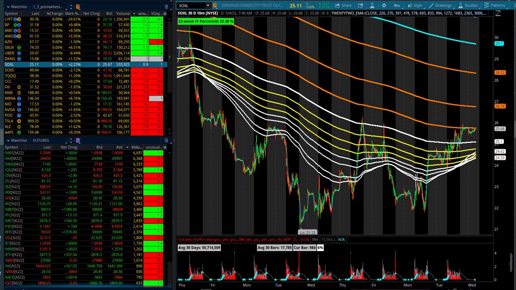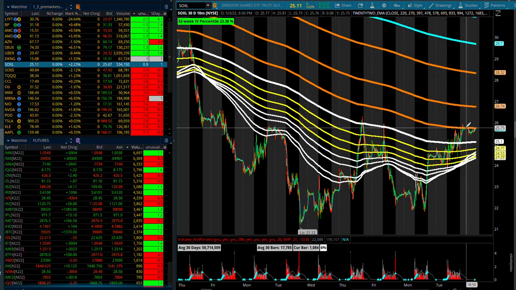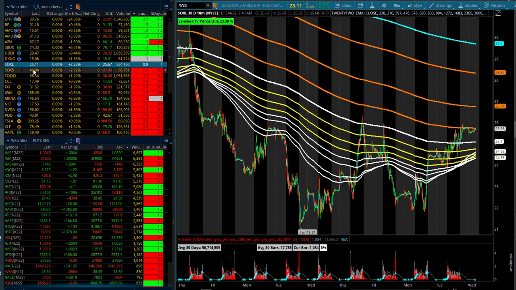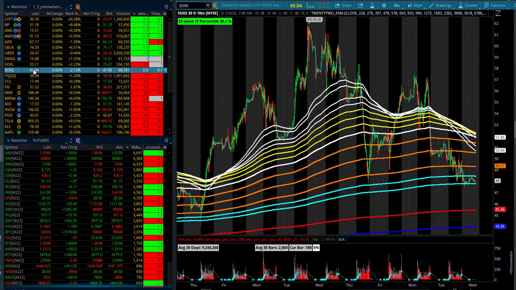So one thing I do want to point out also, first of all, the SOXL, that's one of your semiconductor ETFs. We are getting a change of pattern on that initially to the bullish side this morning. So be aware of that. And you had the SOXS also.